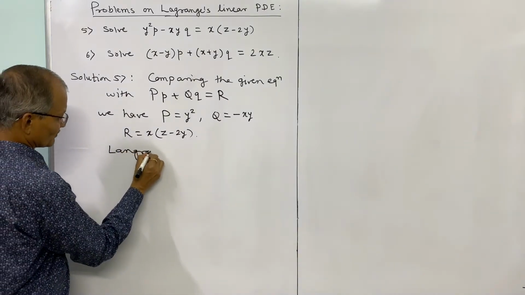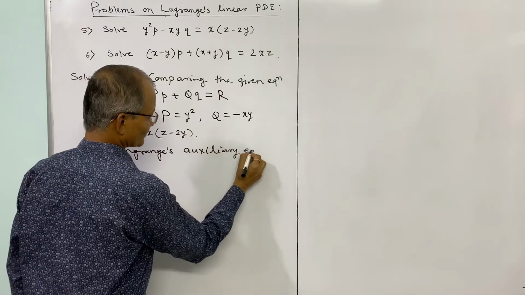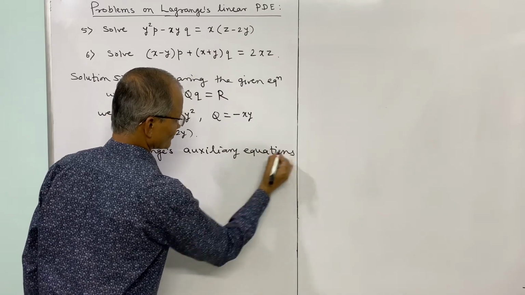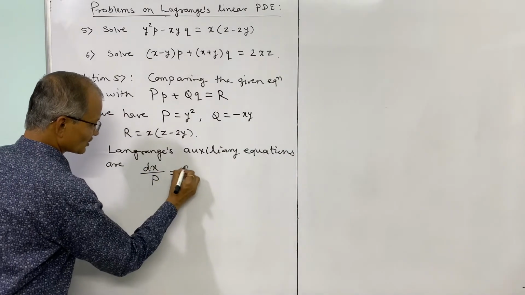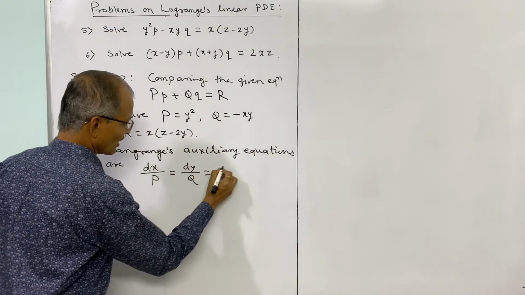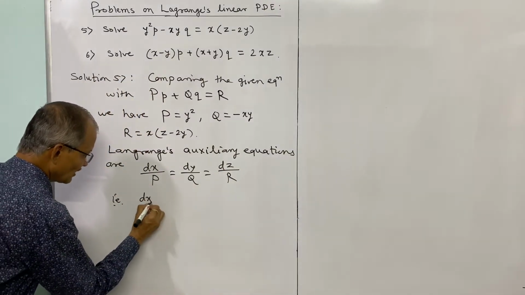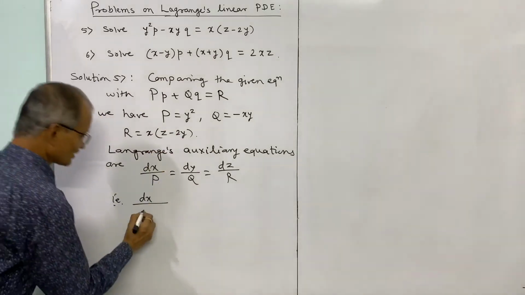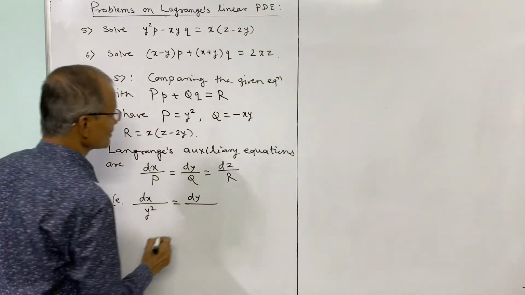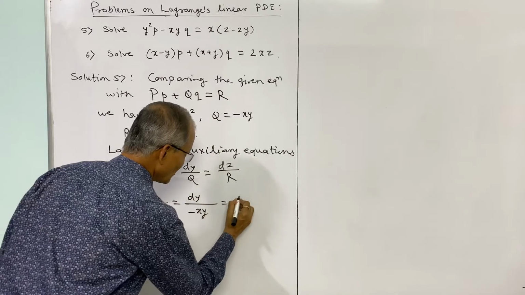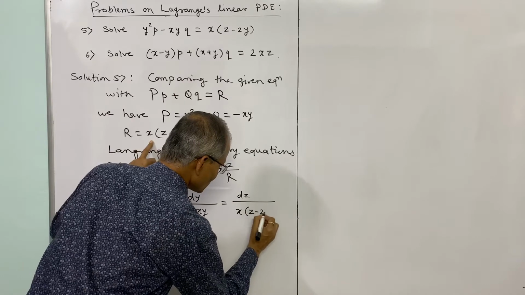Lagrange's auxiliary equations are these simultaneous equations: dx upon P is equal to dy upon Q is equal to dz upon R, that is, dx divided by P, which is y square, dy divided by Q, which is negative x into y, and R is this one, x into bracket z minus 2y.